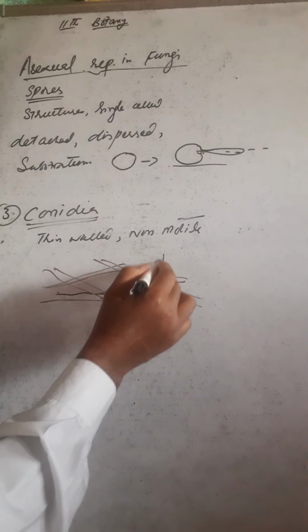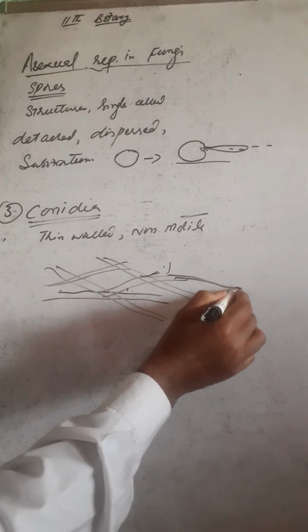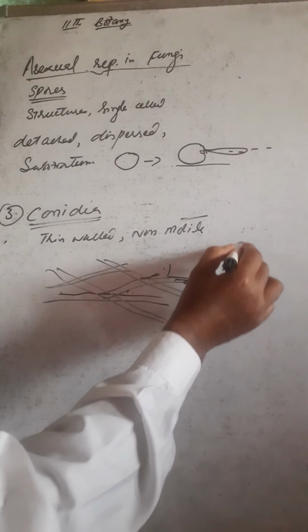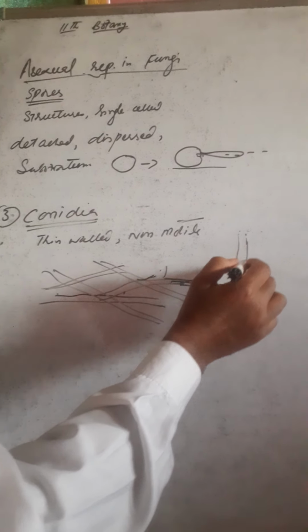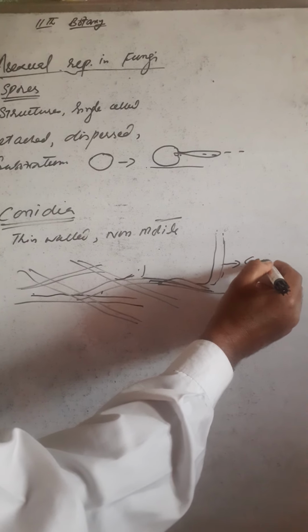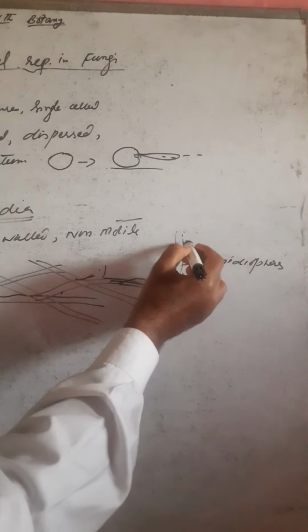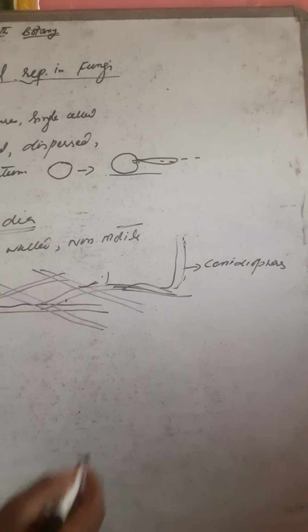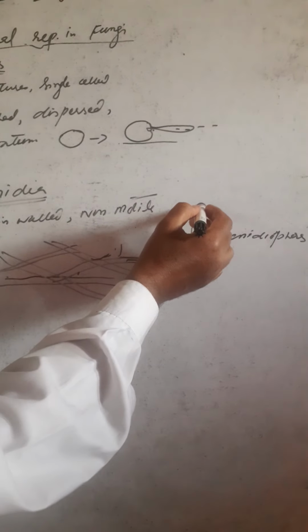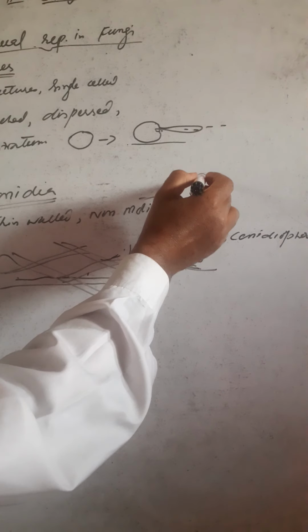Some special branches are formed, and these branches are called the conidiophores. And on these conidiophores are formed the conidia.